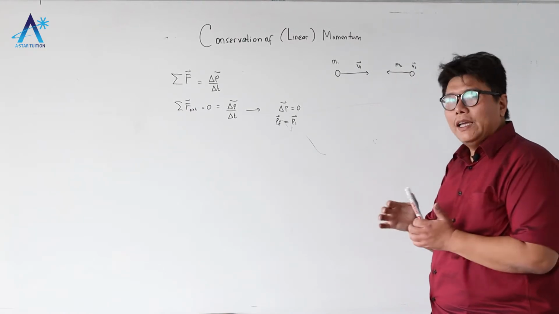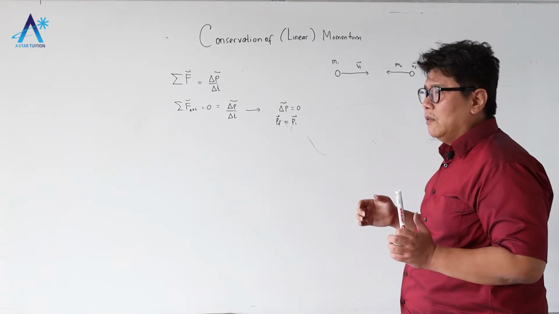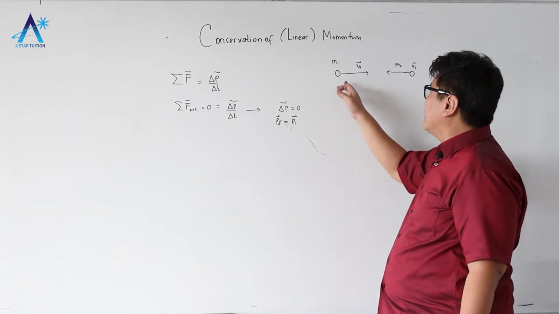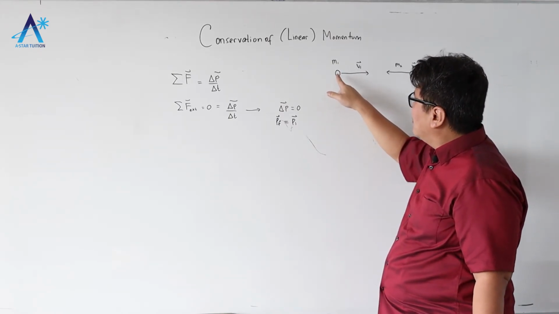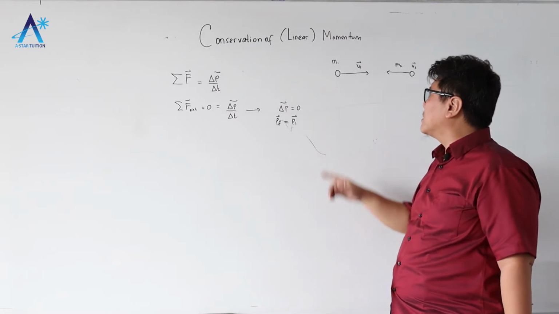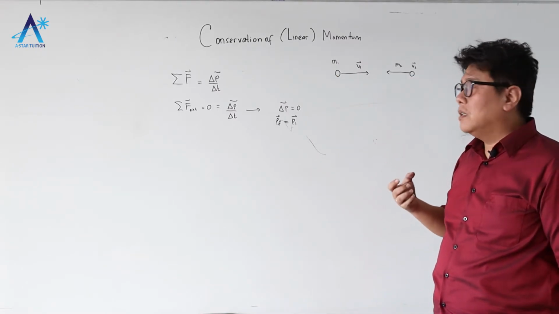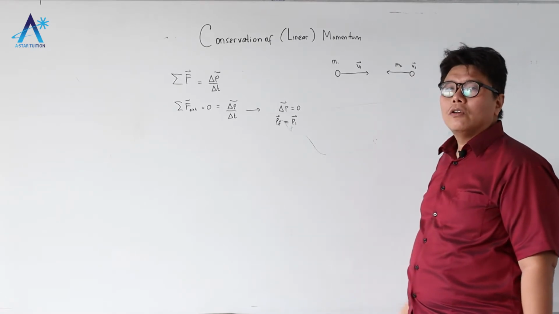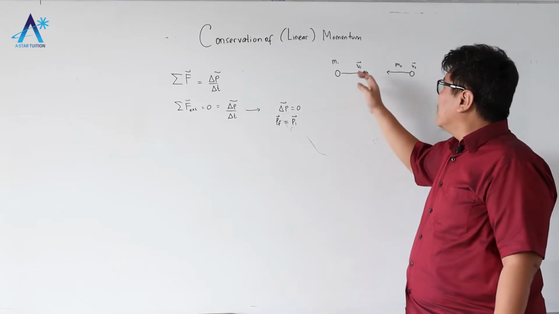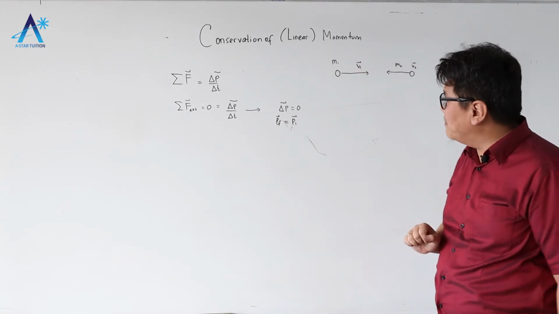Now when they collide, there will be forces acting upon them, so that the first particle will exert a force on the second particle, and according to Newton's third law of motion, the second particle will also exert a force on the first particle in the opposite direction but of equal magnitude.